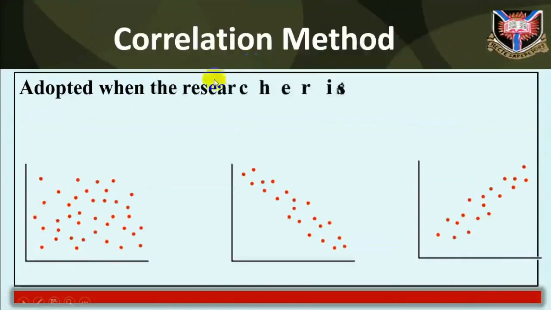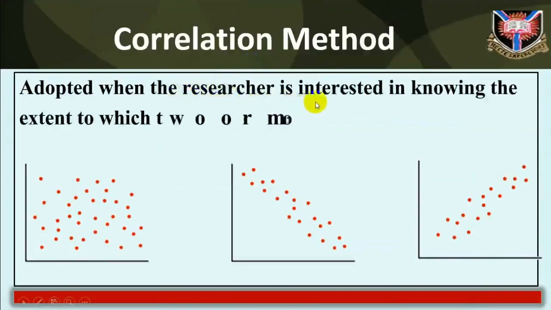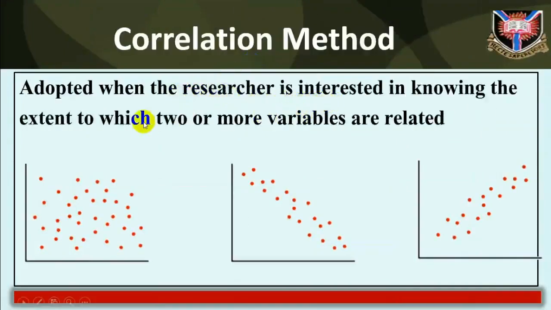Correlation method. This method is adopted when the researcher is interested in knowing the extent to which two or more variables are related. If they are suspected to have a relationship, then the correlational method is employed. The variables are sometimes present in the individuals.